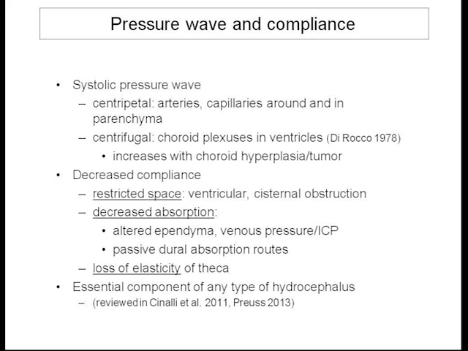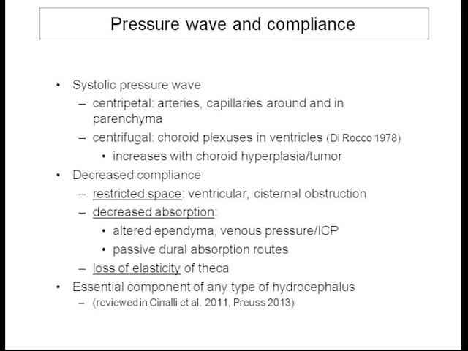So you have a systolic pressure that is both centripetal from the brain and centrifugal from the choroid plexus, and you may have a decreased compliance that may be due to the restricted space or decreased absorption. If you cannot push water across the absorptive surface, then you have an increase of the peak.